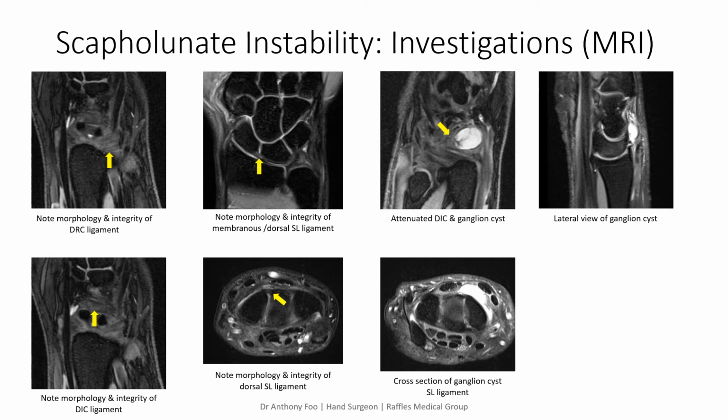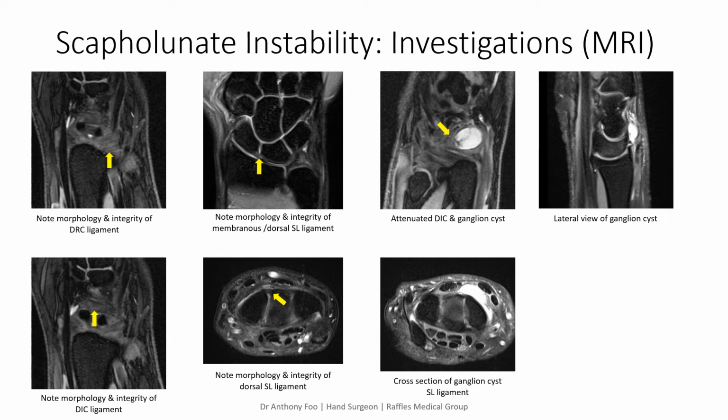Some of the more common findings from a painful dorsal central wrist would be a ganglion that arises from the joint. In this case, the ganglion has attenuated the dorsal intercarpal ligament while leaving the dorsal radiocarpal ligament intact. And you can also see that the dorsal scapholunate ligament is intact as well in this case.